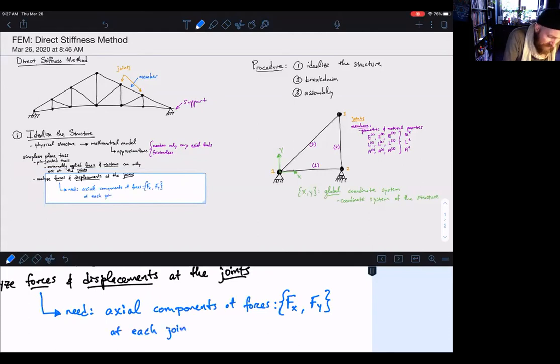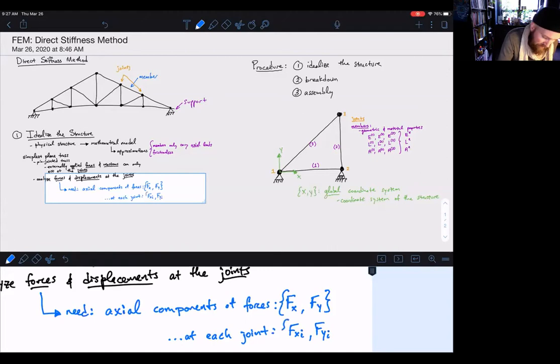So in reality, what I need is to calculate F of x at joint i, and I need F of y at joint i.